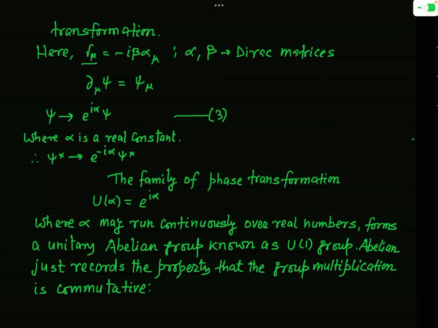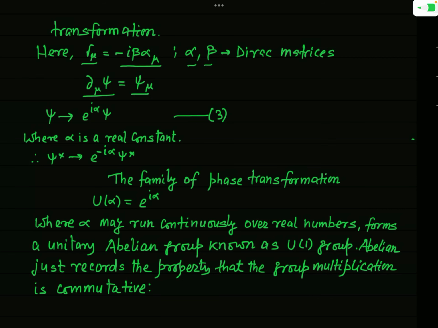Here this gamma mu is equal to minus i beta alpha mu, where alpha and beta, you know, are known as Dirac matrices, and in covariant form this del mu psi is simply equal to psi comma mu, where mu is an integer, that is 1, 2, 3, 4 and so on. Okay.